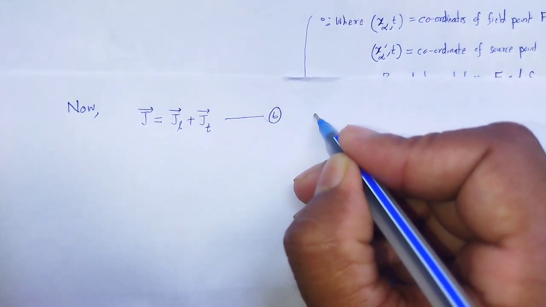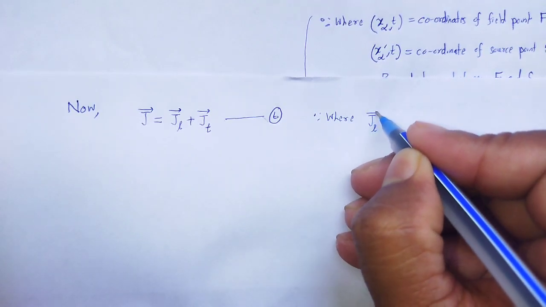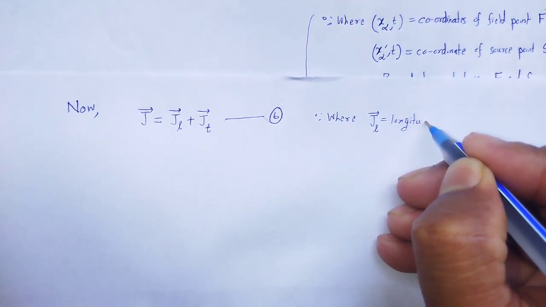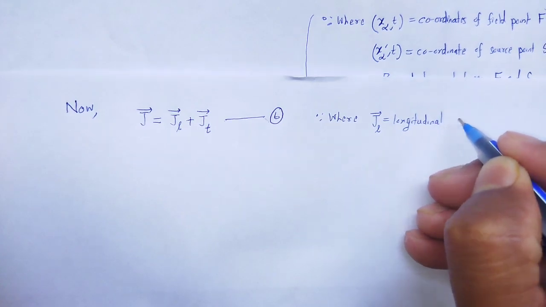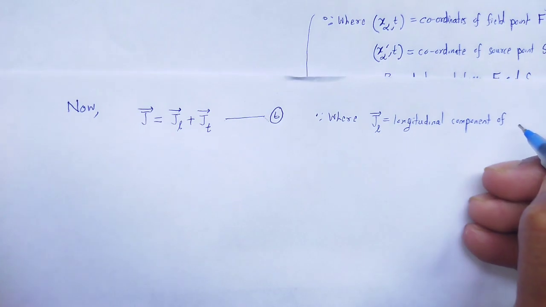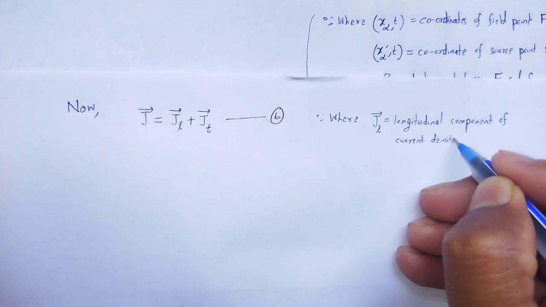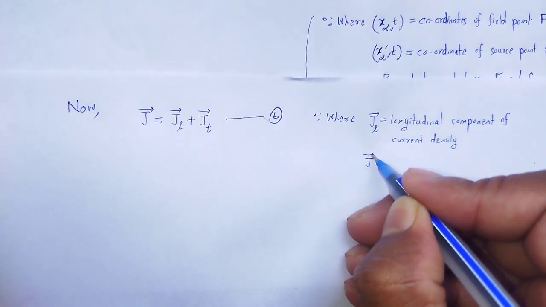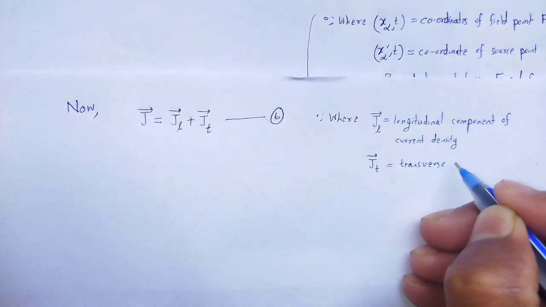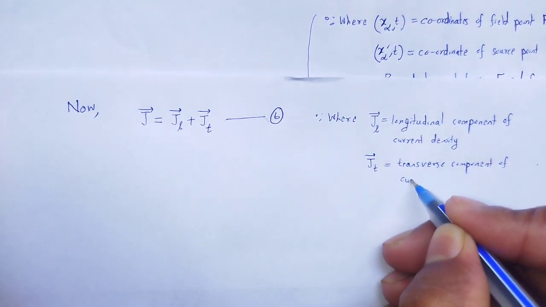Equation number 6, where JL is the longitudinal component of current density, and JT is the transverse component of current density.